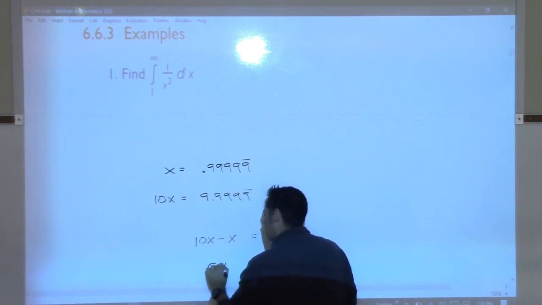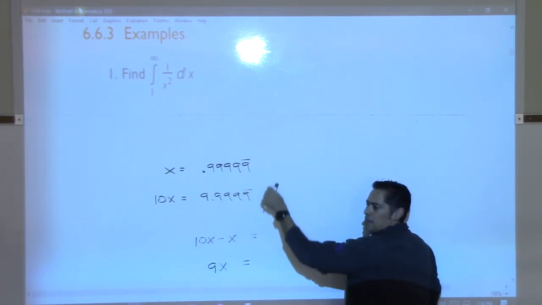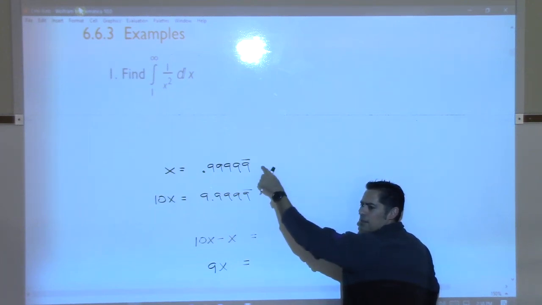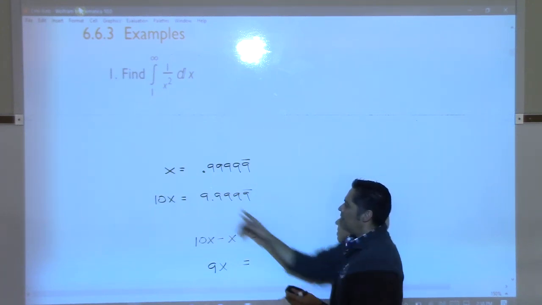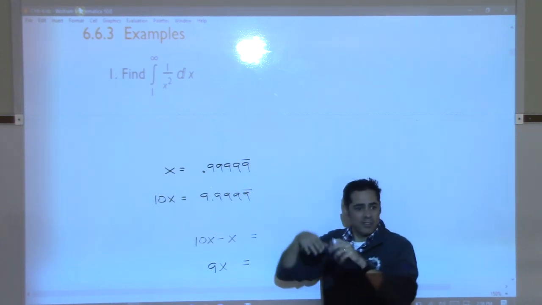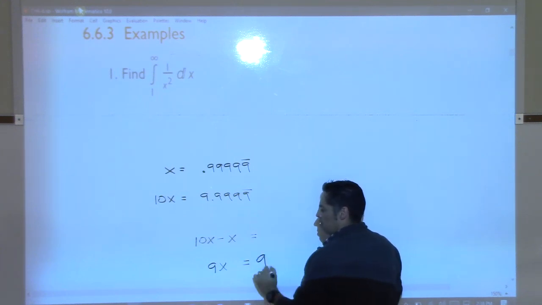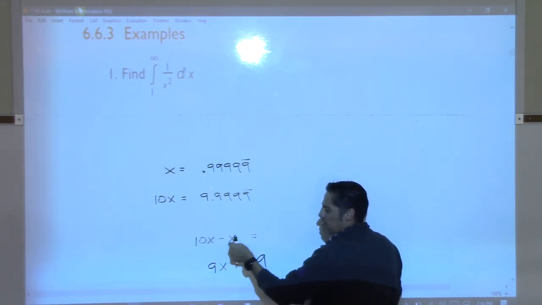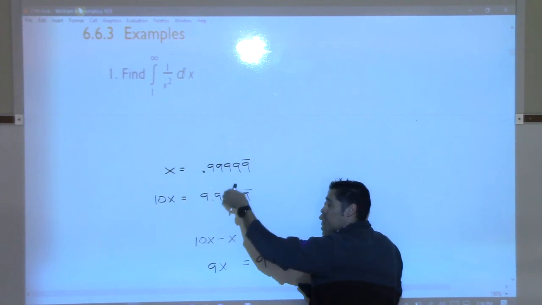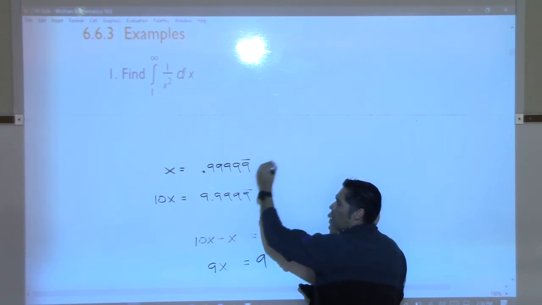Okay, so do y'all agree that's 9x? But that has to equal this minus this, right? And what's this take away this? Well, this is 9.999. This is 0.999. So just the 0.99s go away, and you have what? 9, right? So we have that algebraically 10x take away x is 9x, but in this particular case, it's 9. And so x has to be 1, right? So we're saying this is 1.